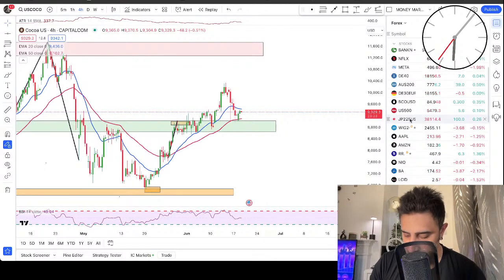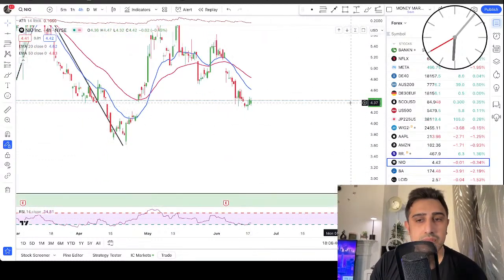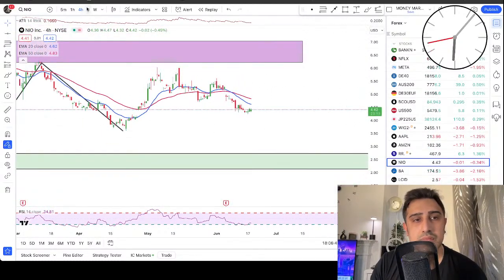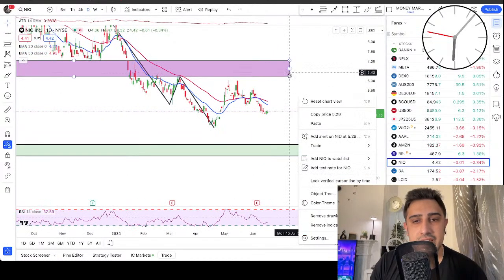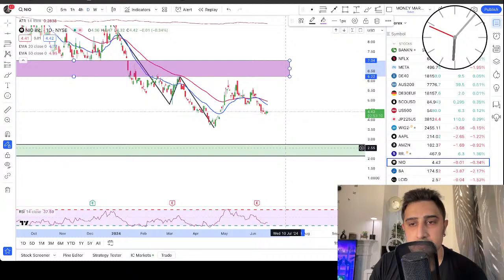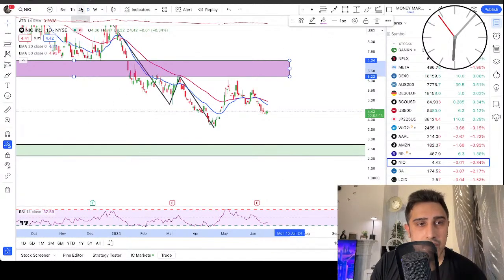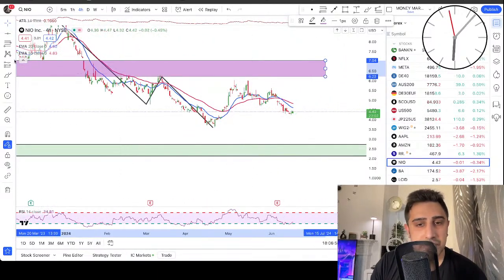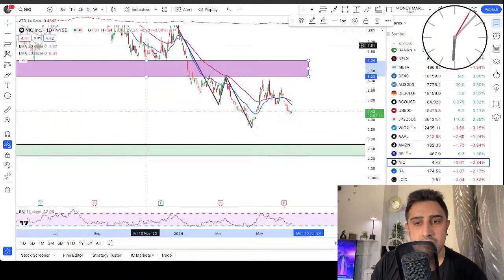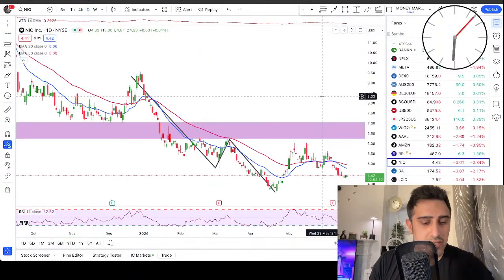So what we're looking at, Neo. I'm still waiting for the price to get to this level, 622, that goes up to 604, to short this stock. We are just ranging sideways. It's either going to go up or go down, so just range. No nice opportunities.